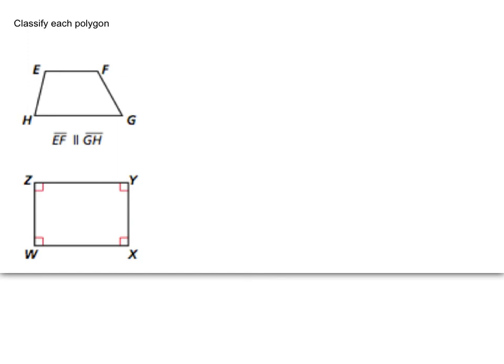Alright, what we're going to do is use that diagram from before to help us classify each of these polygons. So if we look, right away we know that there are 4 sides. So we can say that this is a quadrilateral. Now let's go through those definitions. Let's start with trapezoid.